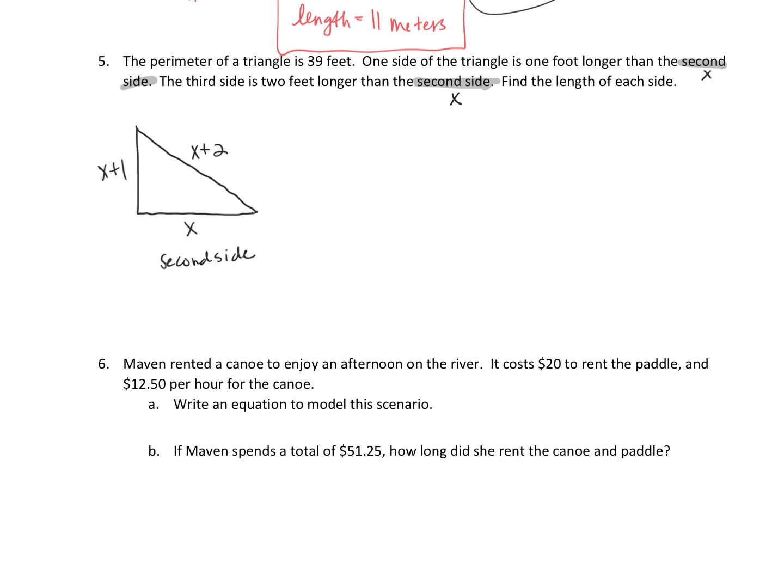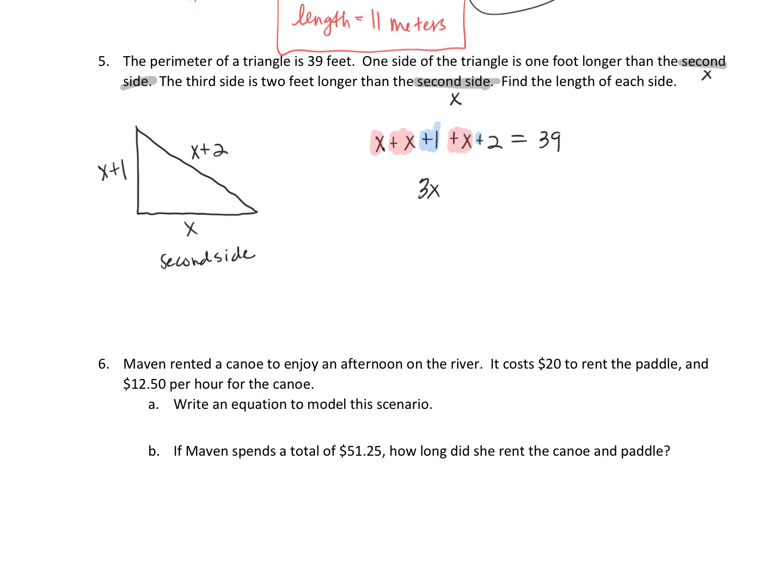Find the length of each side. Since we're doing a perimeter, we just add up all the sides. So x plus 1 plus x plus 2, and it says the perimeter is 39 feet. We're going to combine like terms. I have an x and another x, so that will be 3x.